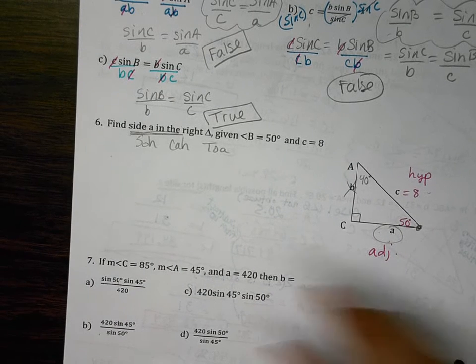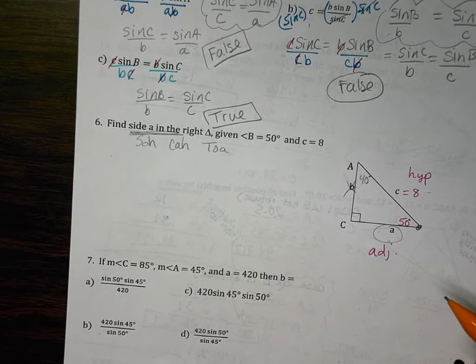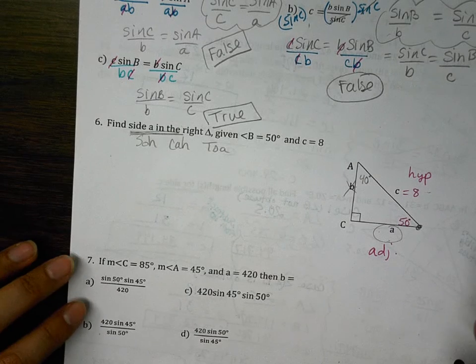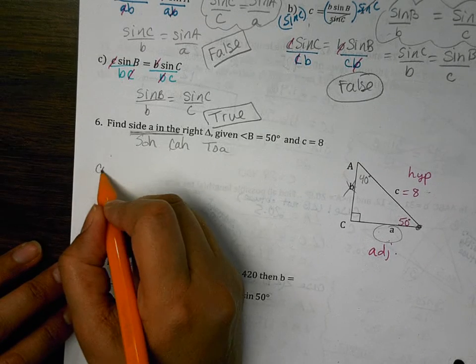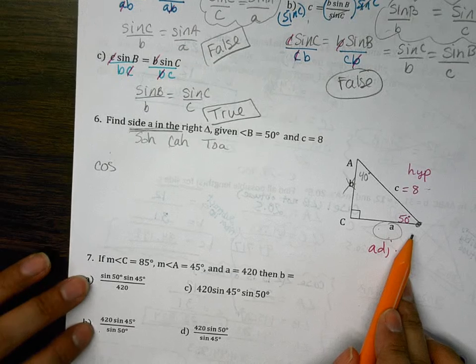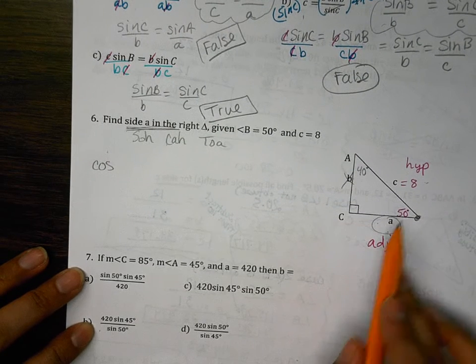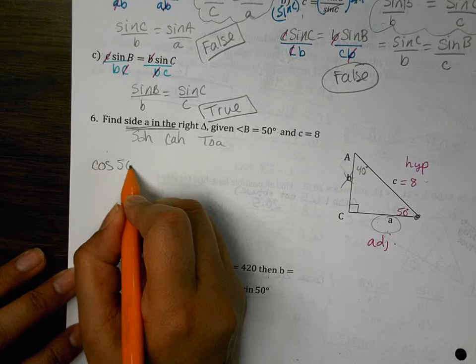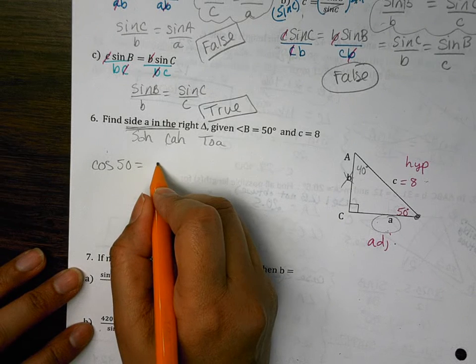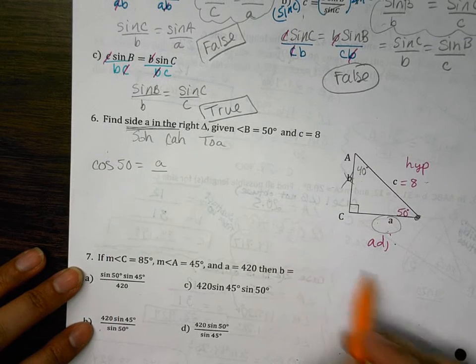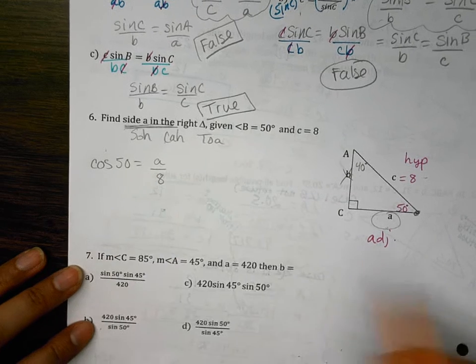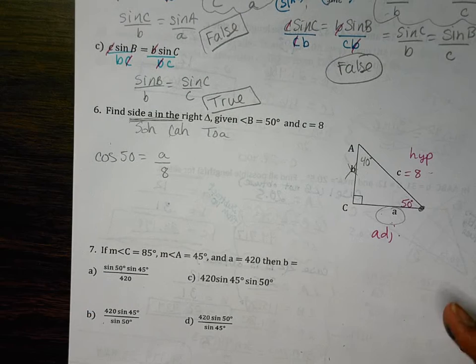SOHCAHTOA, which one's adjacent over hypotenuse? Cosine of 40 or cosine of 50? 50, because this is the angle I was sitting at when I said adjacent hypotenuse. Cosine of 50 equals adjacent, we don't know, we could call it A, over hypotenuse, which is 8.